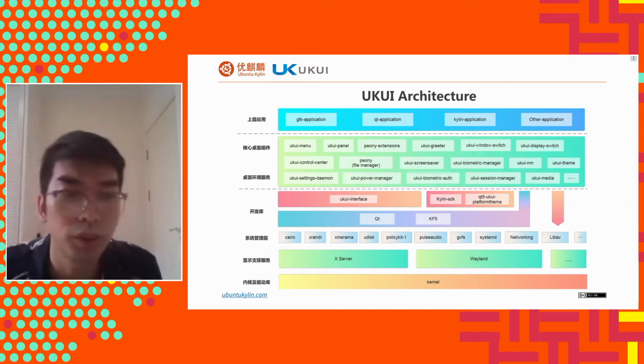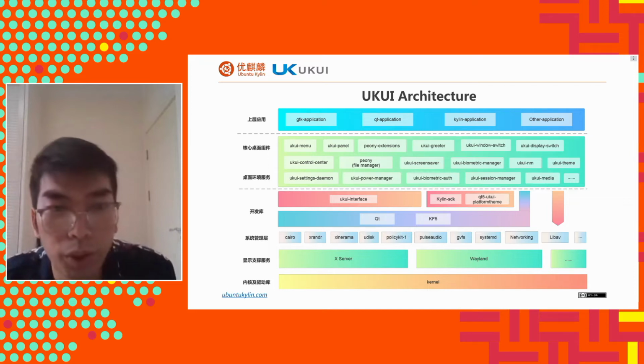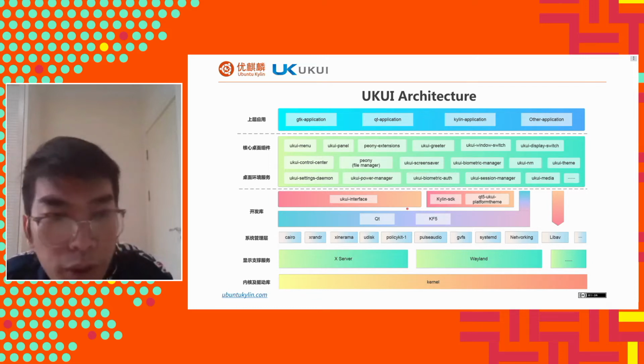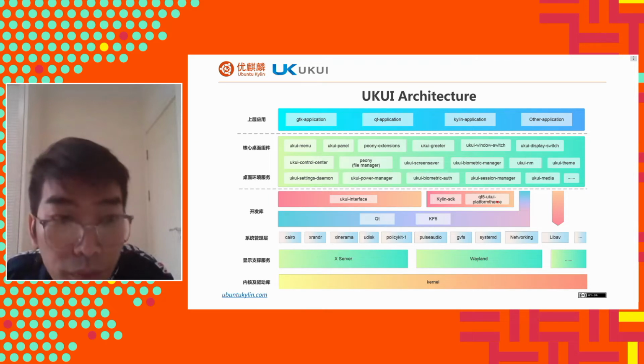This shows the UKUI architecture, where we mainly focus on the middle part. We are developing based on Qt and KF5. On top of that, we created our own development library, UKUI interface, and our SDK, as well as the UKUI platform theme.